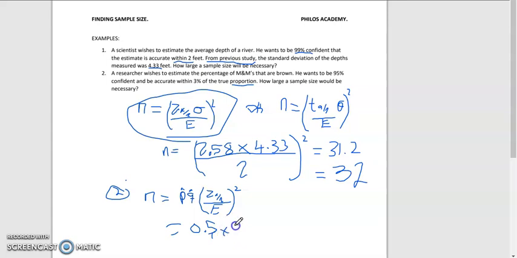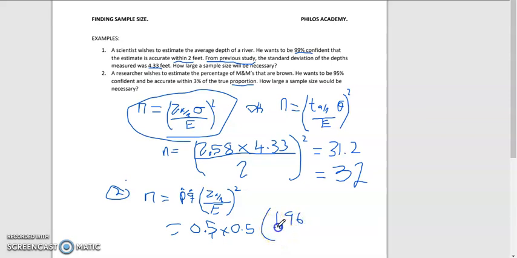So 0.5 times 0.5 times, then you open a bracket. When you are 95% confident, your z-score is 1.96.